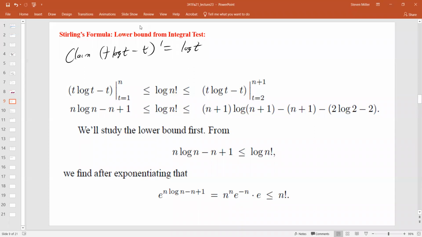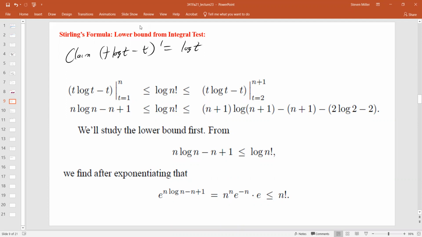If I look at t times log t, well, the derivative of t is 1, so I get log t, which is great. But unfortunately, there's the other half of the product rule. I would then get t times the derivative of log t, t times 1 over t. Ah, I get log of t plus 1. Well, I just need to subtract a function whose derivative is 1. It's just t.